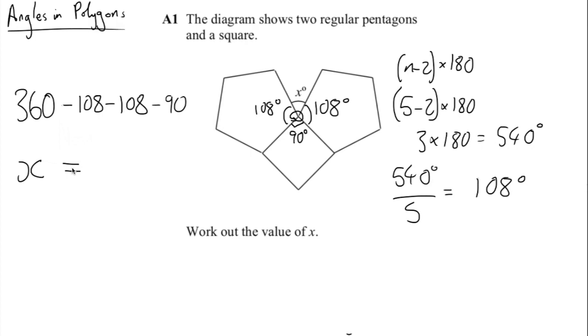That doesn't look right. Let's do that again. 360 minus 108, minus 108, minus 90, 54. I knew there was something up, 54 degrees. Okay, so if you're confronted with one of these problems, think about the individual shapes, think about the individual interior angles, and then work out what's missing.